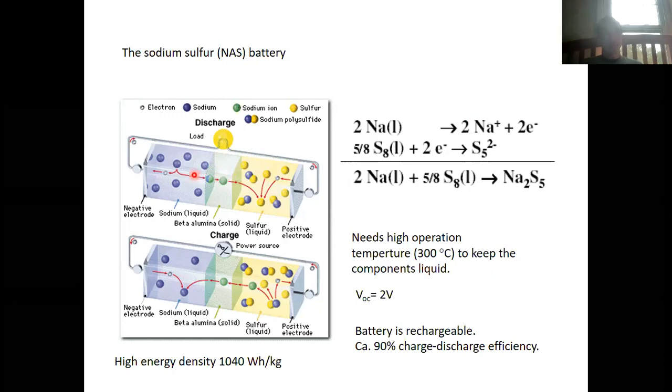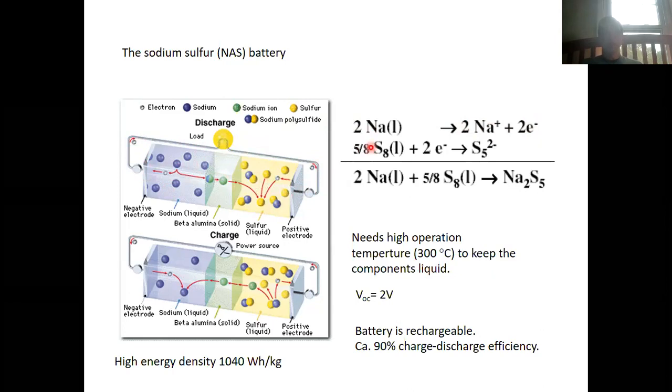So at the anode, the sodium would be oxidized to form Na+, okay, and electrons would be produced, and these electrons would move through the cathode, and at the cathode they would reduce the sulfur.